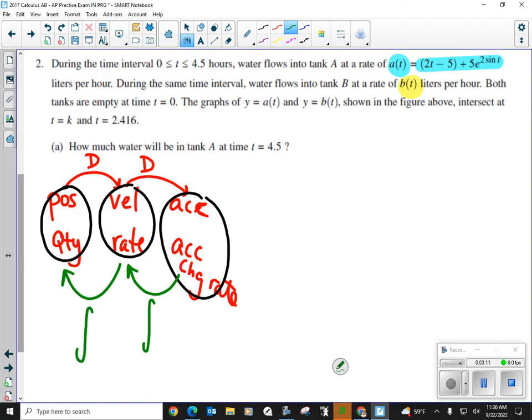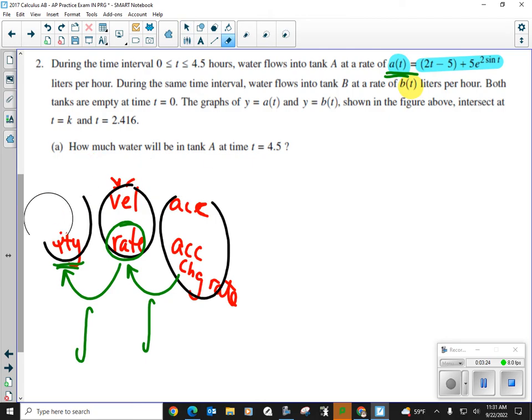So I have the rate, which is A of t. I need the quantity. If I integrate my rate, I get the quantity, and that's exactly what we're going to do.